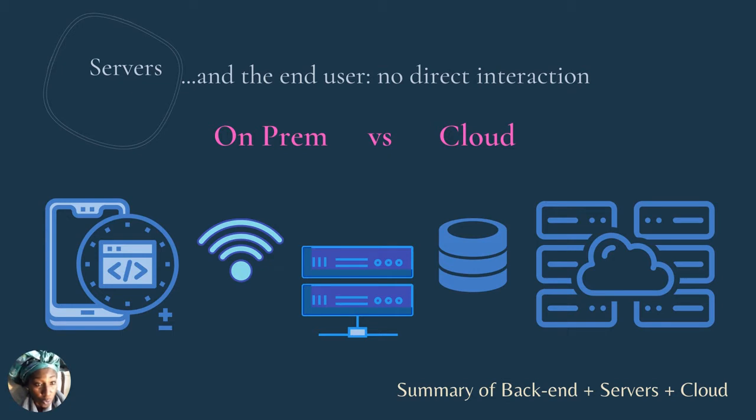But what you need to know as somebody coming into tech is that you have servers that will be on premises and you will have servers that are off premises, and that leads us to talk about the cloud. So when we talk about on premises, it means that there's machinery that belong to you or belong to the business you're interacting with, and they own those machines in a way that they can physically access them.